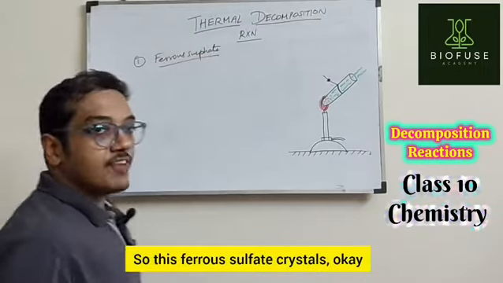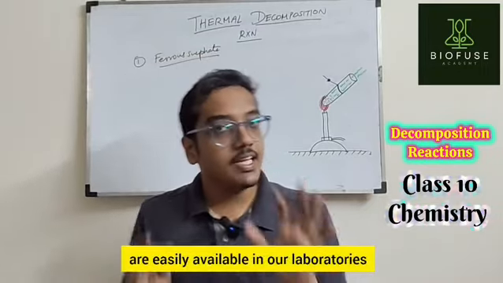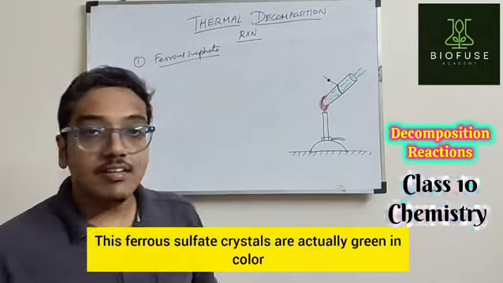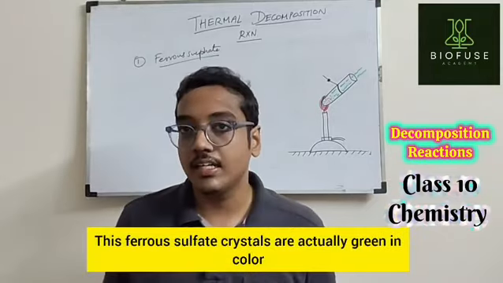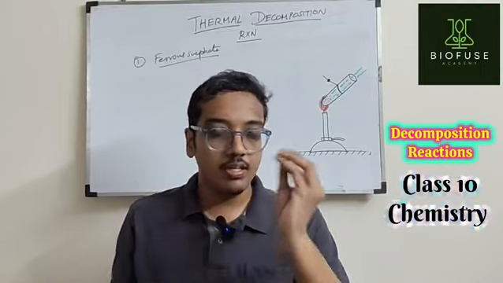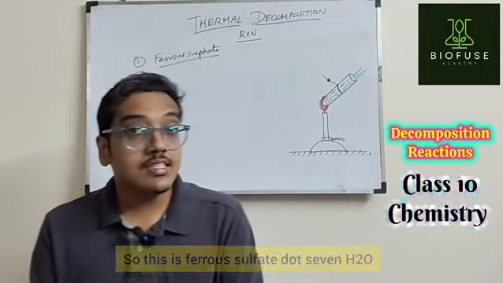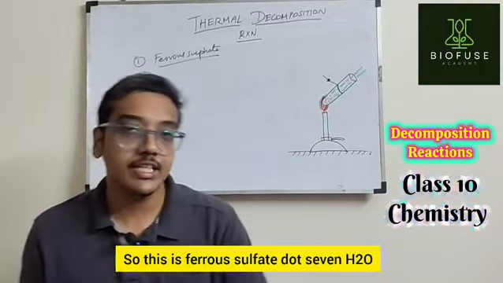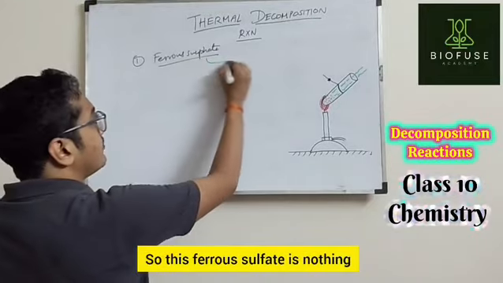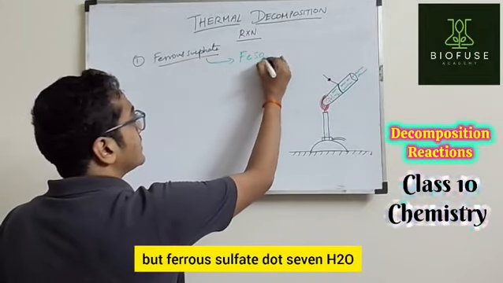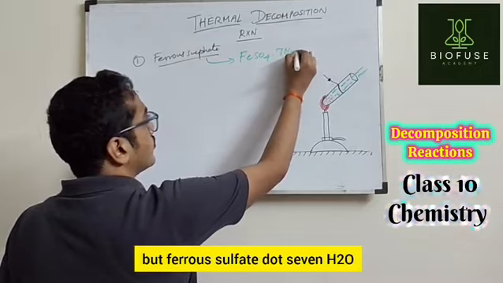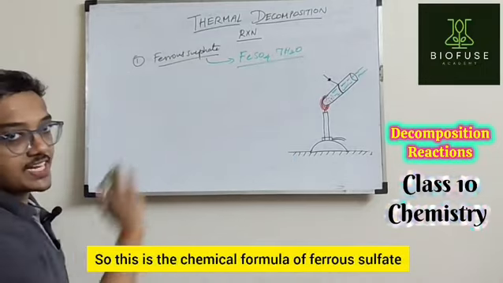These ferrous sulfate crystals are easily available in our laboratories. They are light green in color, a little bit darkish. This is ferrous sulfate dot 7H2O, the chemical formula of ferrous sulfate.